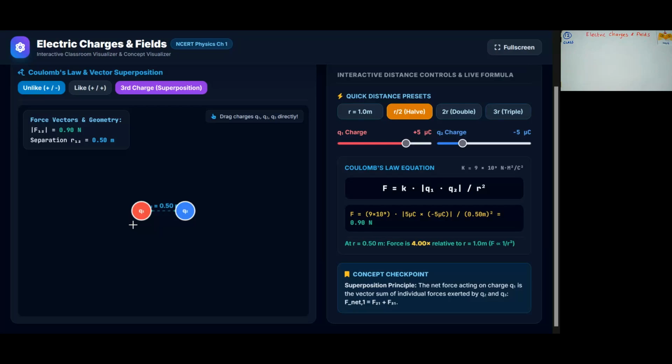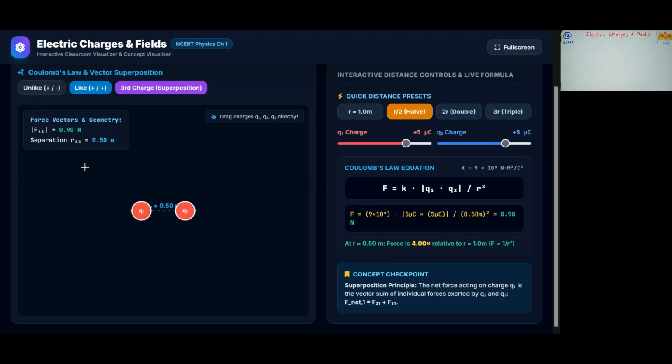Okay. Now I will click the third charge, and already you know that for like charges you can calculate the same values with the respective distance, but it does not depend on the sign of the charges, plus or minus, because in our formula we have to take the modulus.